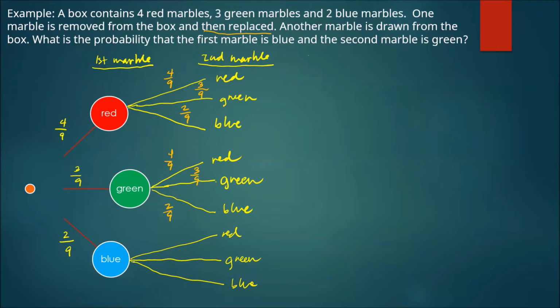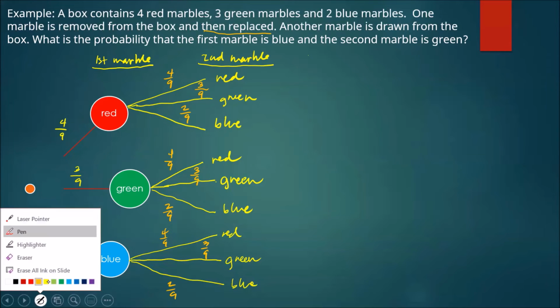And if our first marble is blue, the probability that our second marble is red would still be 4/9. The probability of picking a green for the second marble would still be 3/9, and the probability of picking a blue for the second marble would be 2/9.